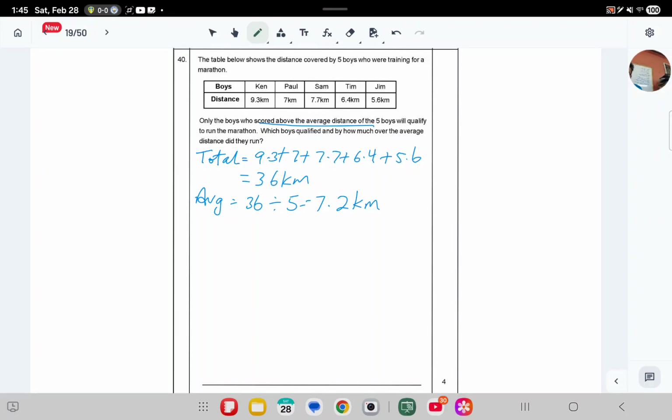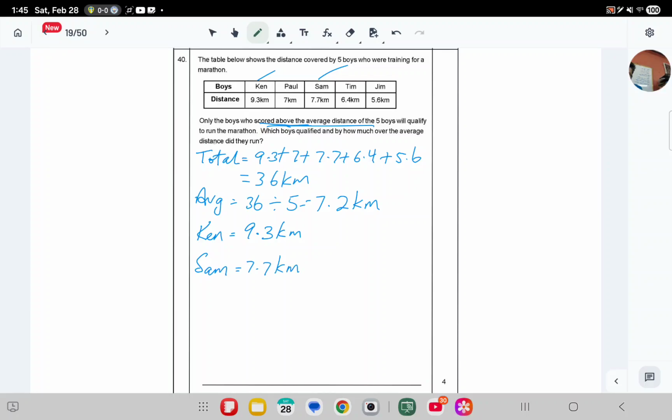So we're looking to see the boys who scored above, so they said only the boys who scored above the average. Alright, so we're looking to see boys who scored above 7.2. So based on this information, we have 1, 2. Alright, so the boys are Ken, which is 9.3 kilometers, and Sam, 7.7 kilometers.